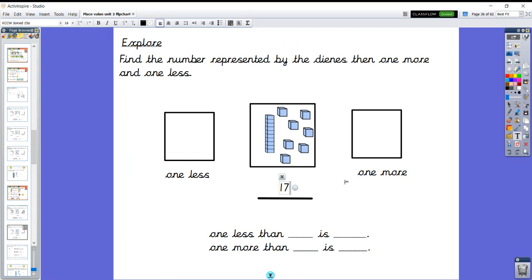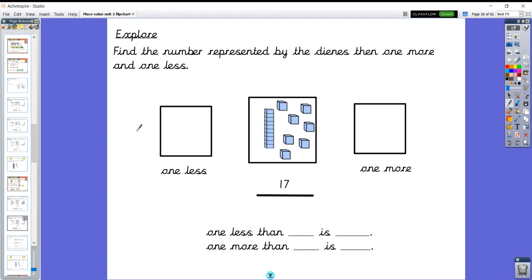Okay, so next job, I'd like you to please write what is 1 less than 17 and what is 1 more than 17. I'd like you to draw both of them this time. So on one side of your paper, draw 1 less than 17, and on the other side, draw 1 more than 17. So pause the video and off you go. Okay, so hopefully you have drawn me 1 ten on this side, and we know that 1 less than 17 is 16, so I'm going to draw 6 ones.